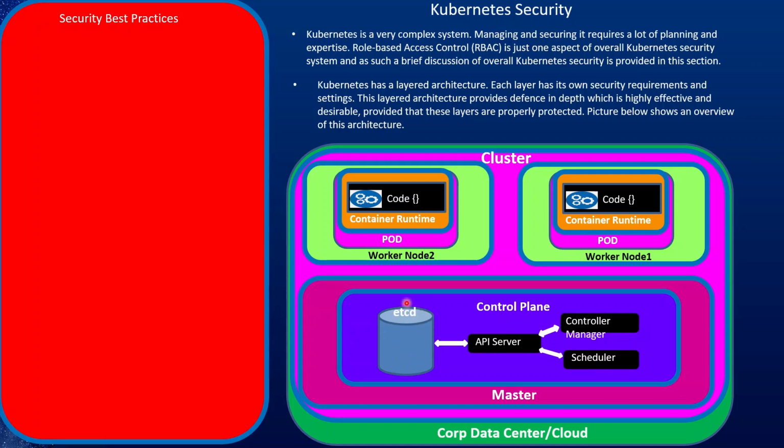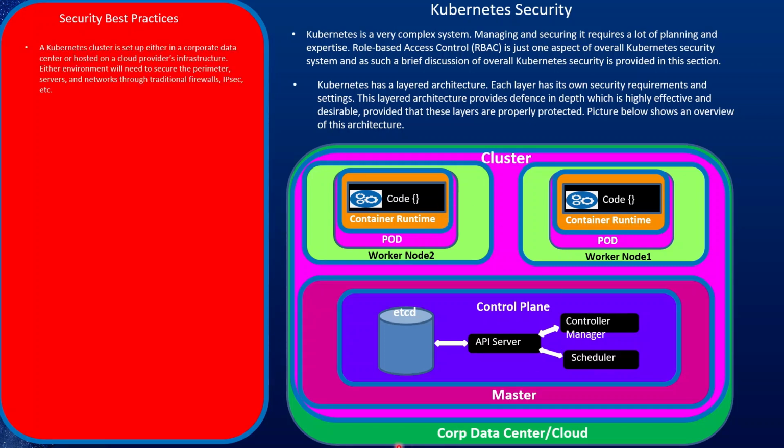There's also etcd, the Kubernetes database, which saves and manages all the configuration and settings. And then we have worker nodes, which provide a hosting environment for the pods. The pod or container can be deployed on them, and within the pod, we have the actual application running. So let's talk about some of the best practices.